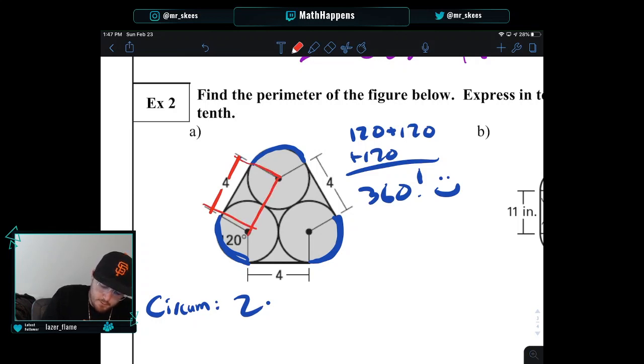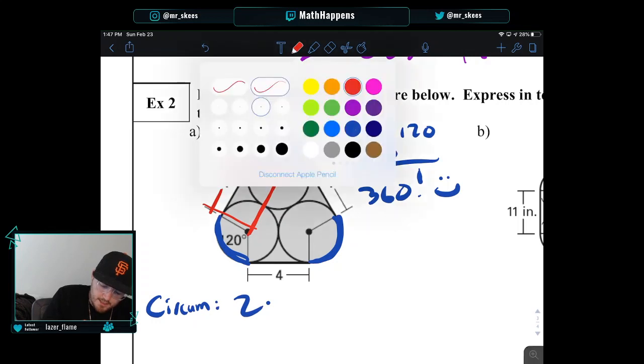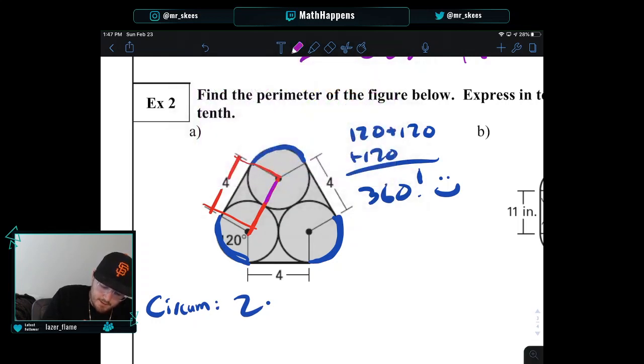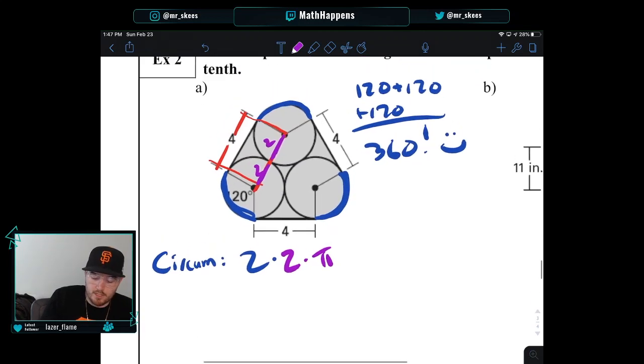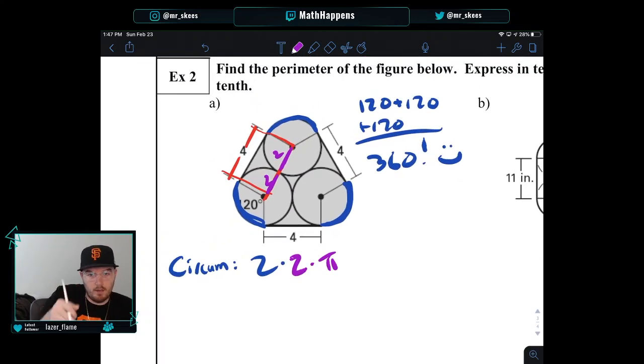So if this is 4, well then half of it and this other half are 2 and 2 apiece. So the radius is 2. So the circumference is 2 times r, which is 2 times 2 times pi, or 4 pi.